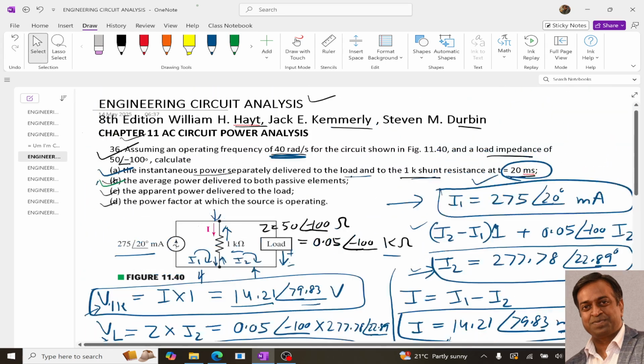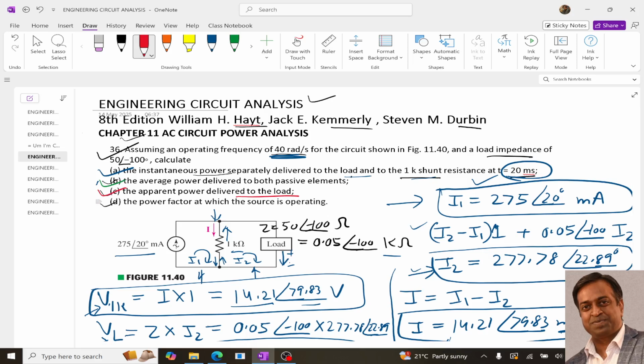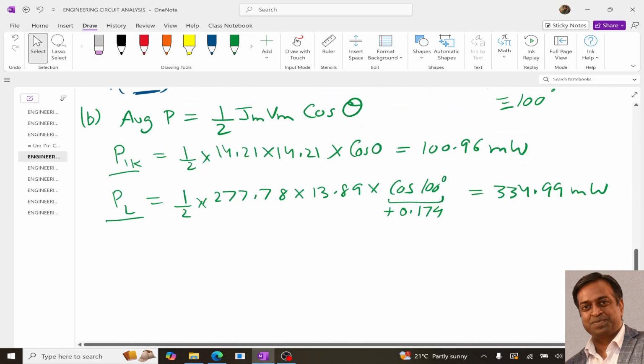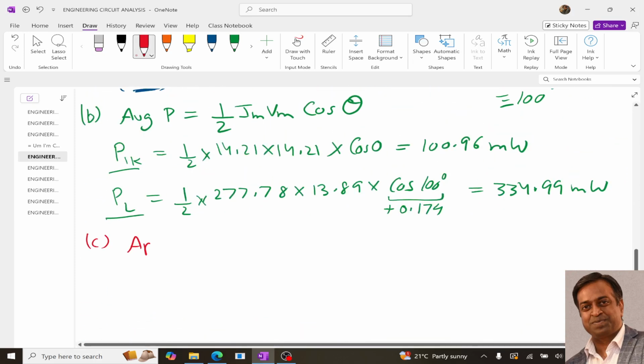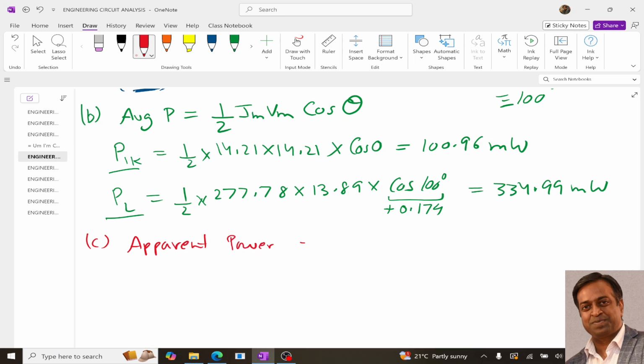Now the third part of the question says we need to determine the apparent power delivered to the load. The formula for apparent power is V effective into I effective, or we know V effective is Vm by root 2, I effective is Im by root 2, so it is simply half Vm Im, right?